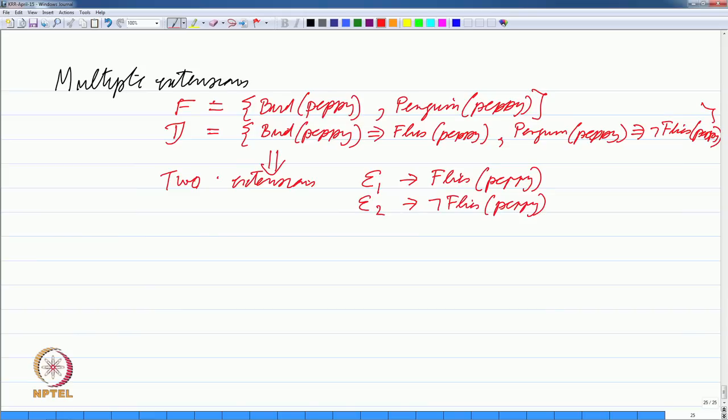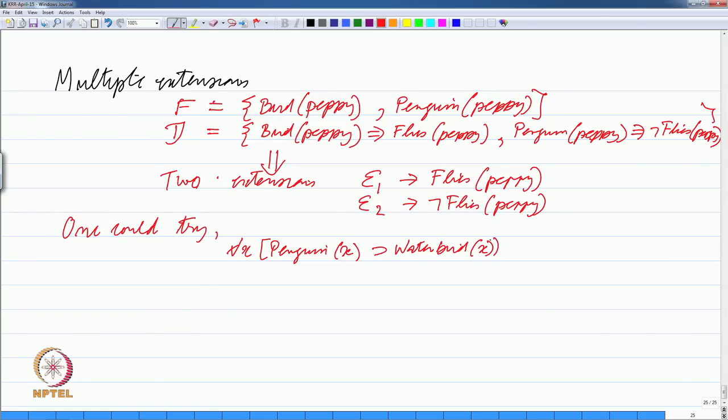One could try something like this. If you wanted to be more precise, we could say something like this, that for all x penguin x implies, let us say, water bird x, we could add to the first order knowledge base or first order theory, and we could modify our rule as follows, that bird x, and if it is consistent that flies x and not water bird x.